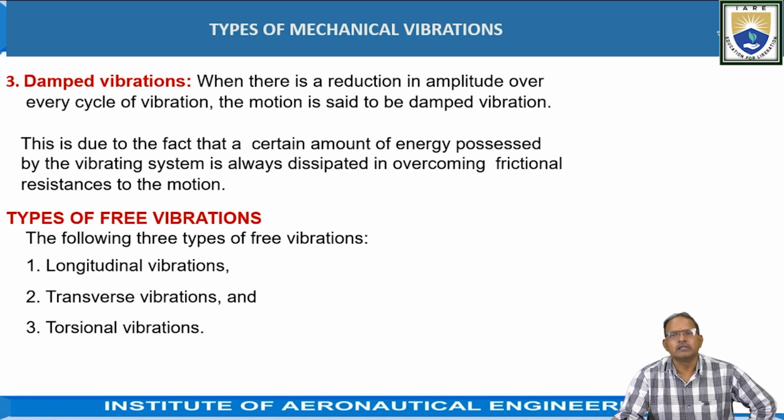This is due to the fact that when the system is vibrating, some external forces act on it. The best example is a cradle. The air also offers some resistance to the motion of the body. Hence, because of the resistance forces, the amplitude of the vibrating system gradually decreases for every cycle. This type of vibration is called damped vibration.